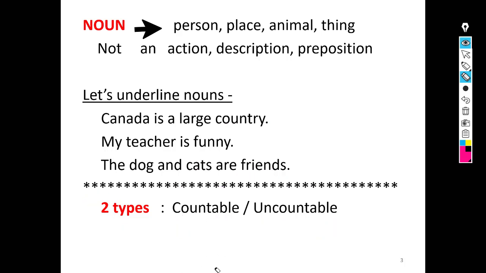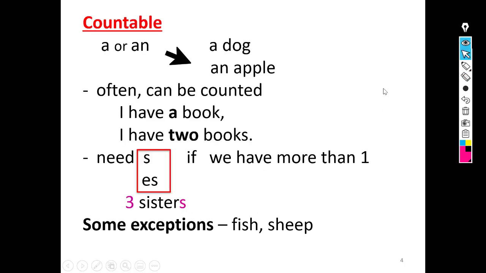Thanks for waiting. Look at the other page. We are going to start with countable nouns first. Yes? The first one is countable nouns.